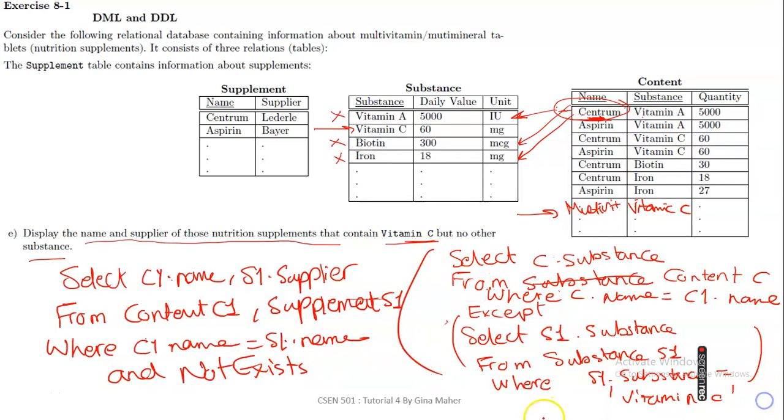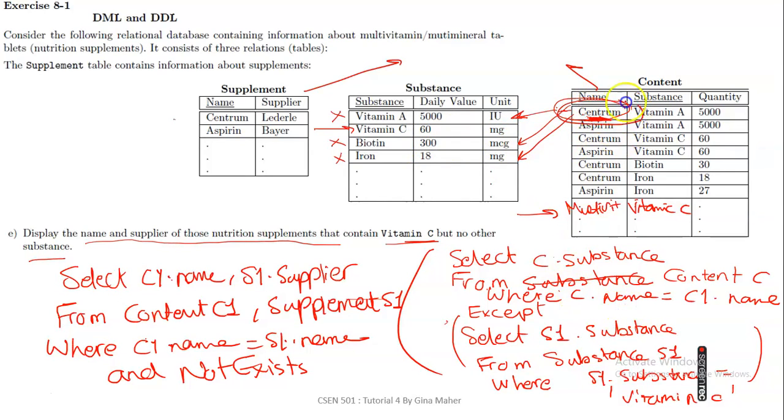Okay, let's divide this into parts to understand what we have already done. Now what we are going to do is to check, after joining these two tables, if the name equals to the name here.